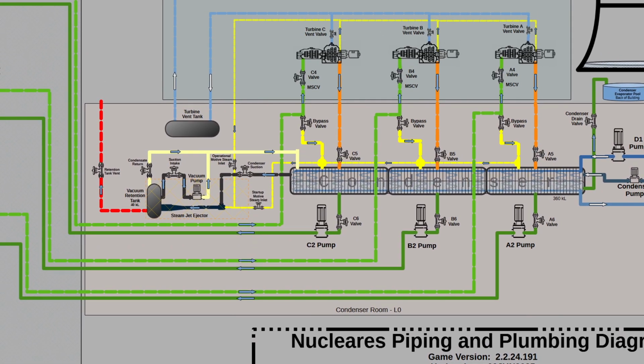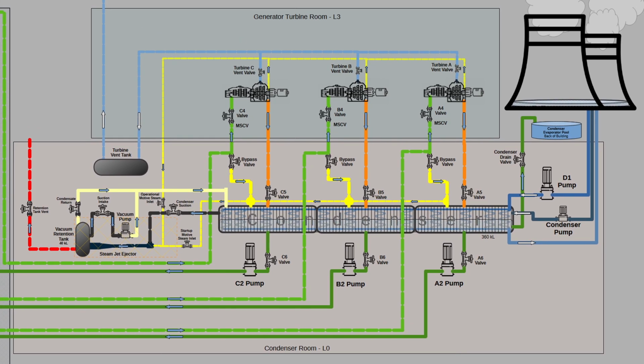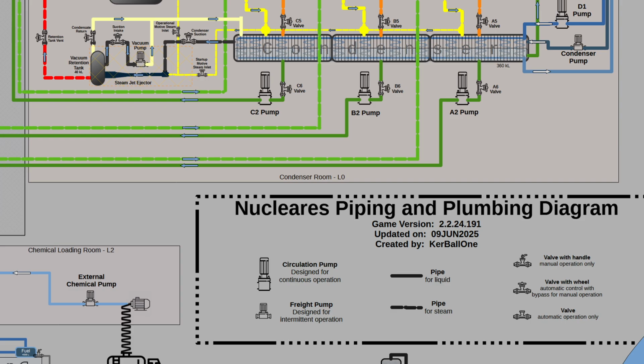Then the liquid from the retention tank comes out into the suction intake and gets put through a vacuum pump and then into the yellow piping. The orange ones are for steam.